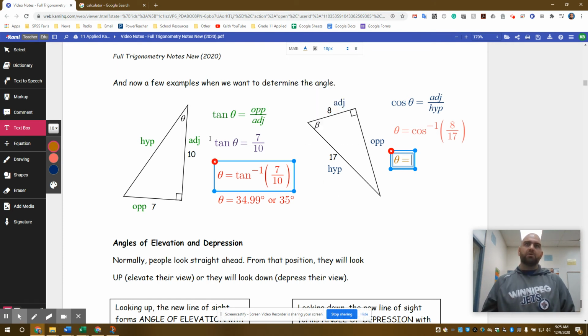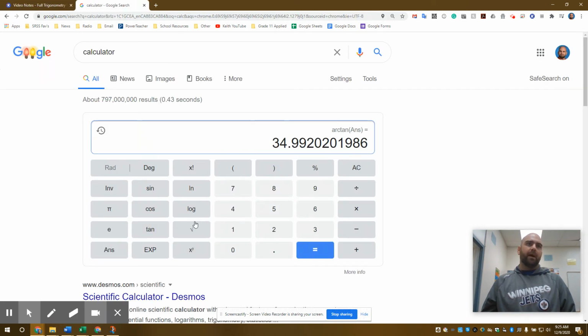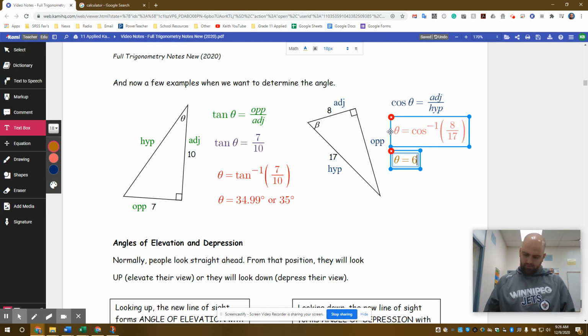So if we solve this, theta is equal to, and what we can do is inverse cos, and then inside the brackets, 8 divided by 17, close brackets, and I get an angle of 61.93 degrees, or 62 degrees.